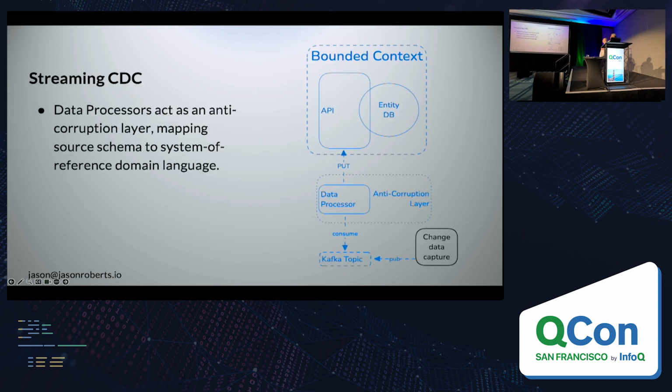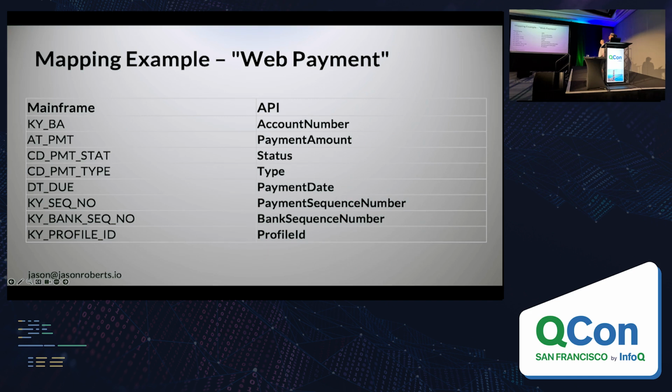Although it's a black box, from a change data capture perspective, we publish topics to Kafka, and then the data processors provide an anti-corruption layer and the decoupling in this case, so that the mapping between what is in the system of record to what will go into the system of reference, which is then consumed by all consuming applications, that separation is happening here. The mapping.